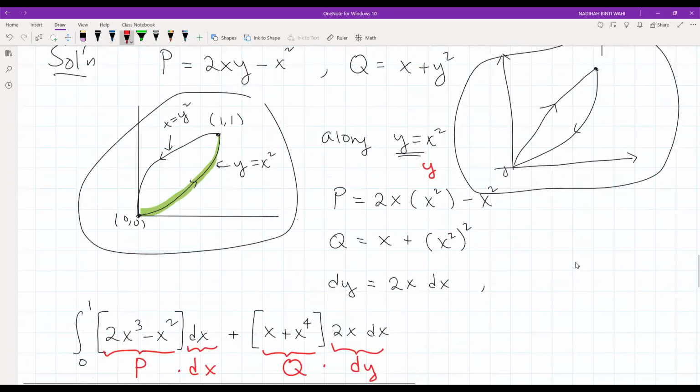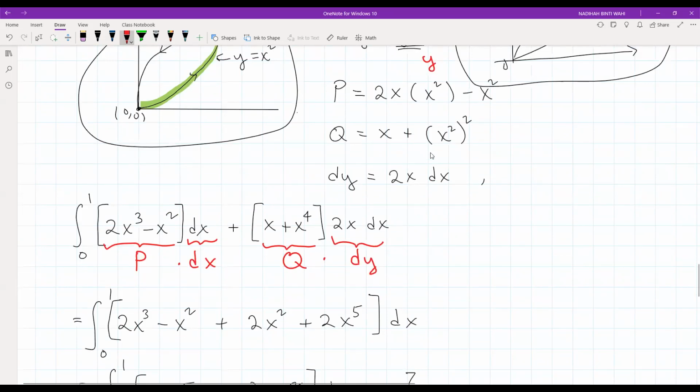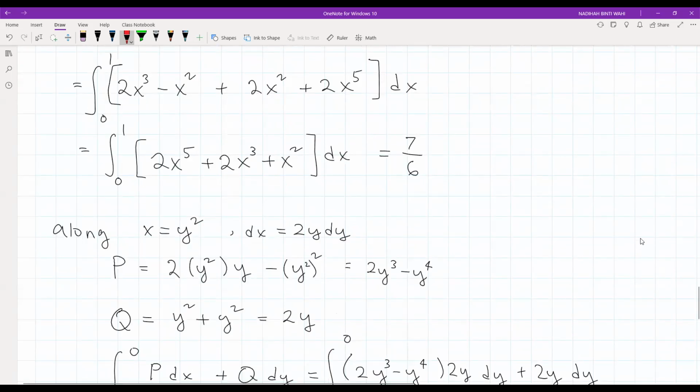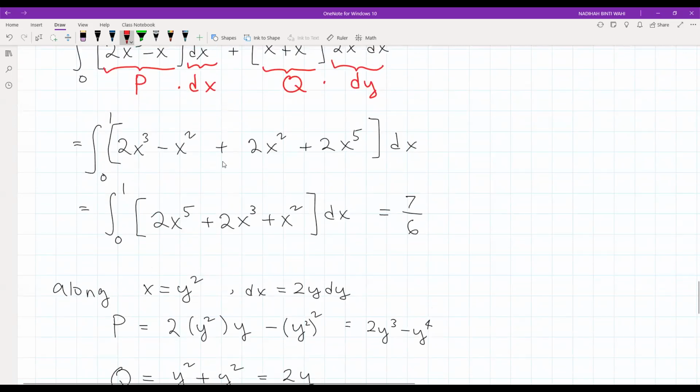And then dekat sini pun saya ada y, so this is also y. Y equals x squared. Kemudian saya gantikan dy. So gantikan dy, this dy. Then after that, we use regular integration, just a simple integration, and you get the answer 7/6.